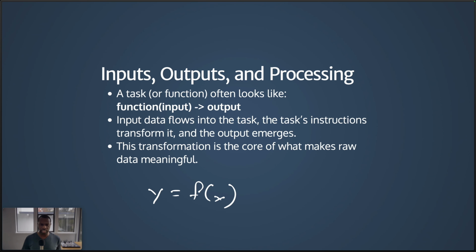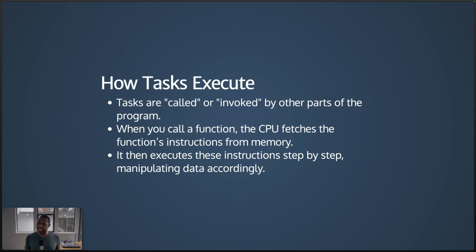And let's go into what that means. So how tasks execute. Tasks are called or invoked by other parts of the program. And when you get into system design, other systems as well, other modules, other building blocks, but we'll talk about that in later lessons. When you call a function, the CPU fetches the function's instructions from its memory. It then executes these instructions step by step, manipulating data according to what the instructions state to do.